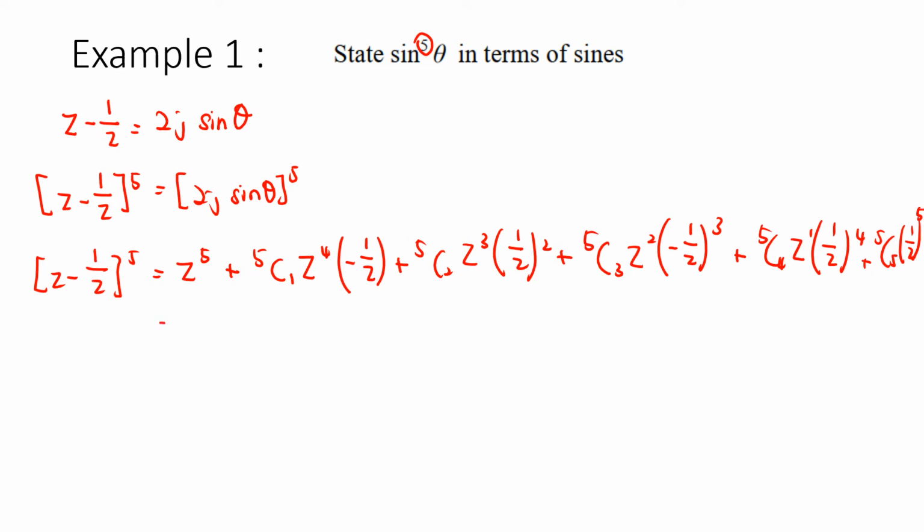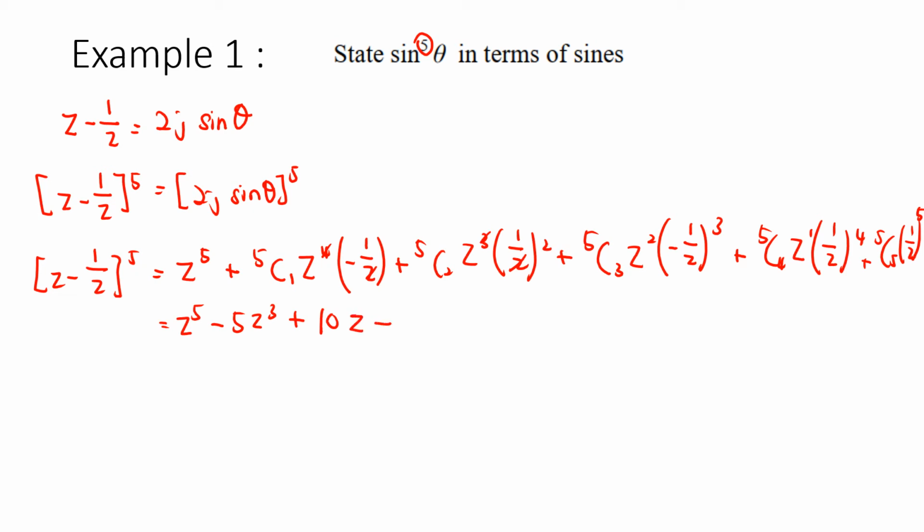Now you solve. z power of 5. 5C1 is 5, so negative 5 z power of 4 times negative 1 over z, you get z cubed, plus 5C2 equal to 10. z cubed times 1 over z squared, you get z.